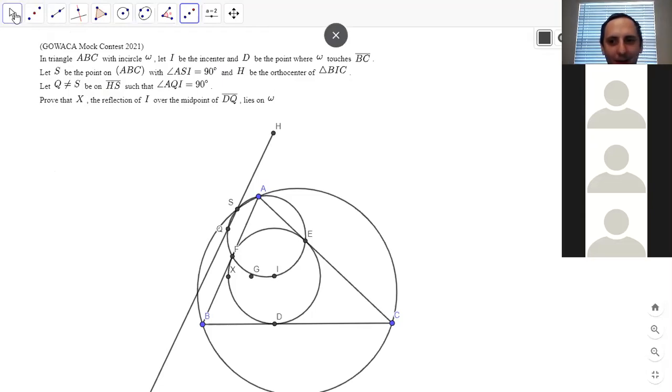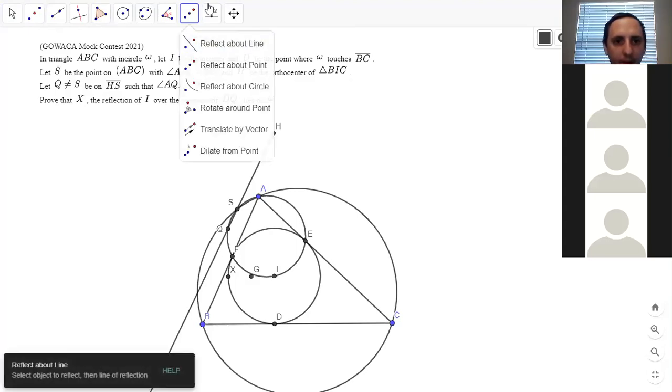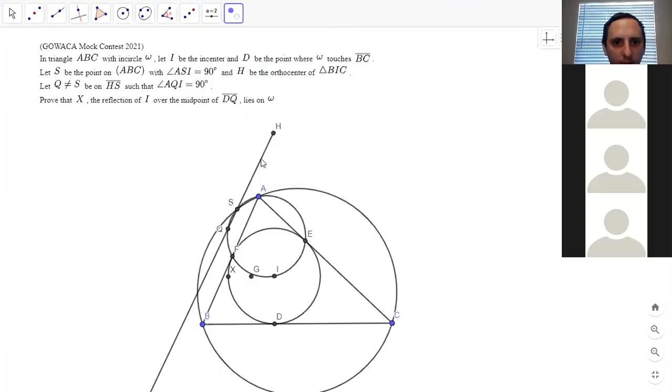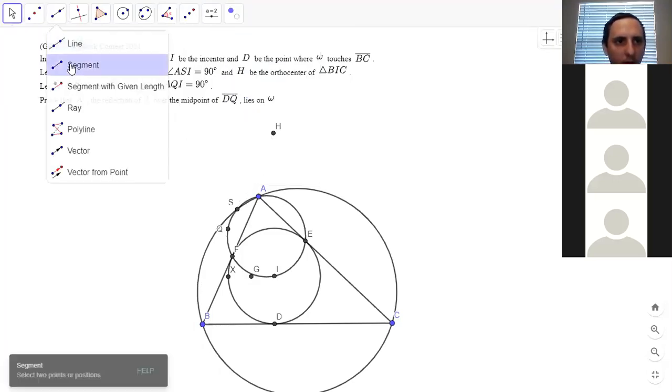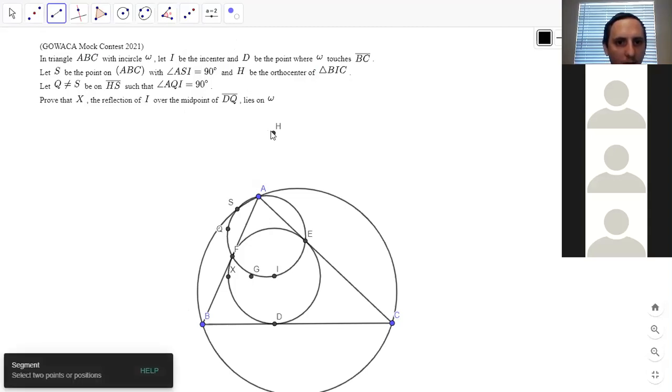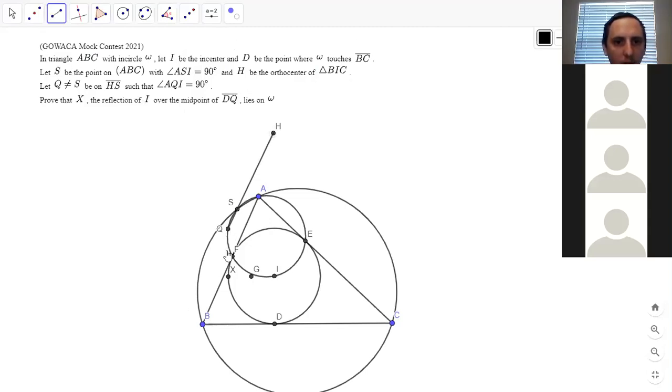Okay. So interesting. Let me hide some stuff. So I is the orthocenter of HBC, so HI and D should be collinear.